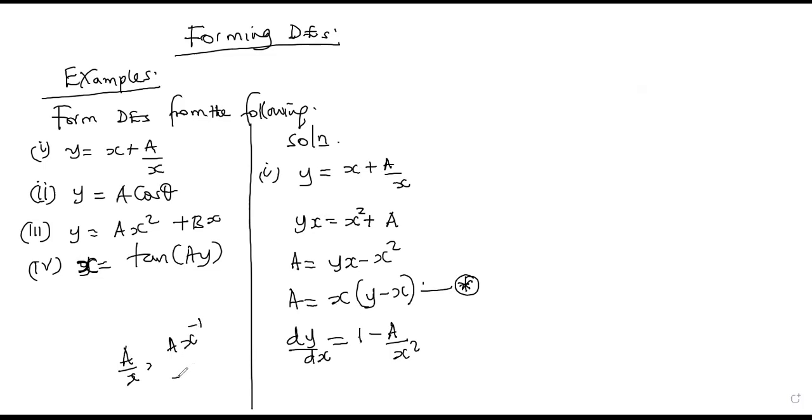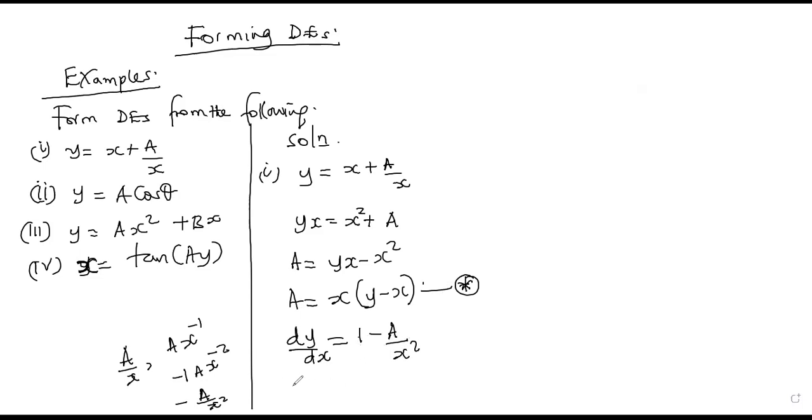So you drop the negative 1, then reduce the power of x by 1 to become negative 2, which will be negative a over x squared, which is this. Now, after I substitute, because in a differential equation there are no constants, there is not supposed to be any constant, you have to substitute for this value of a into this equation.